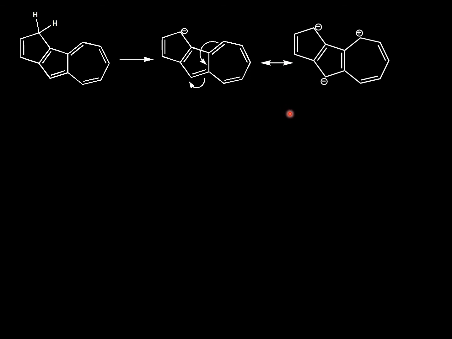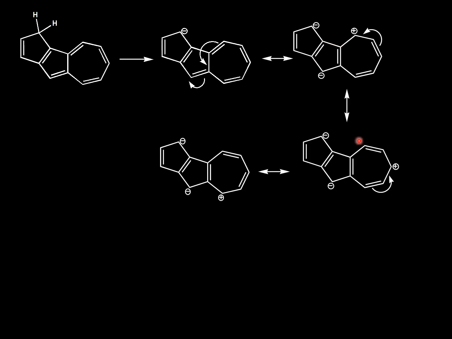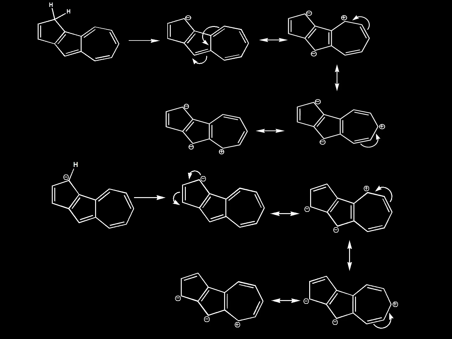The difference between A and B you can highlight over here. In B, we have a center 5-member ring and the negative charge you can keep only on this carbon. You cannot delocalize this negative charge on the rest of the 4 carbons. And this limits the number of resonance structures possible for the conjugate base of B.